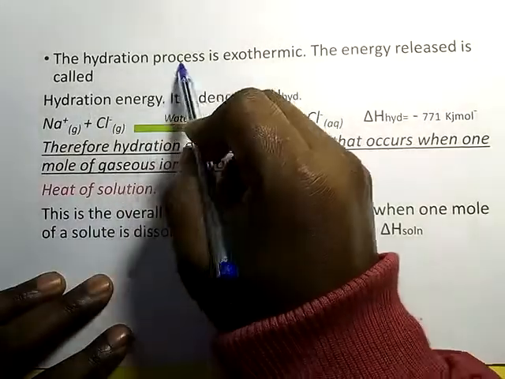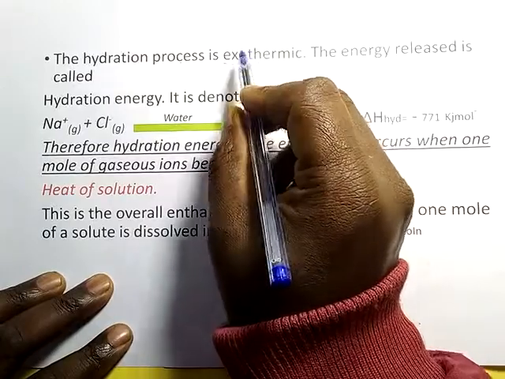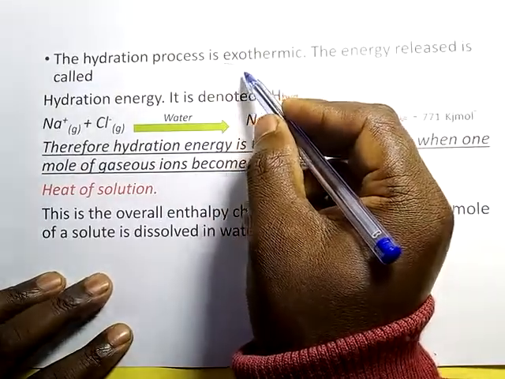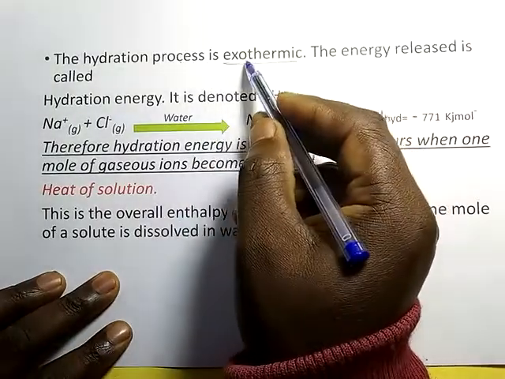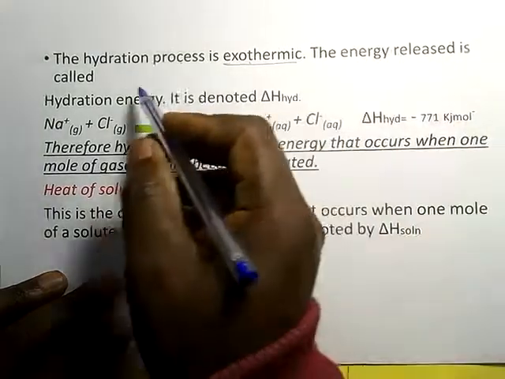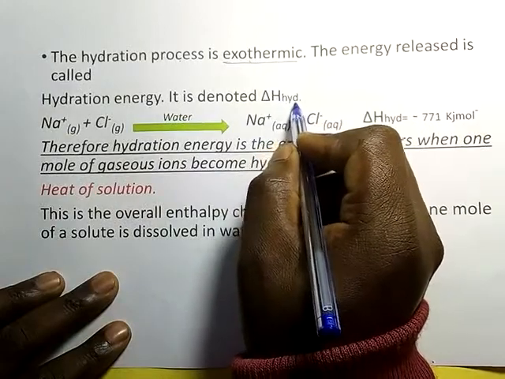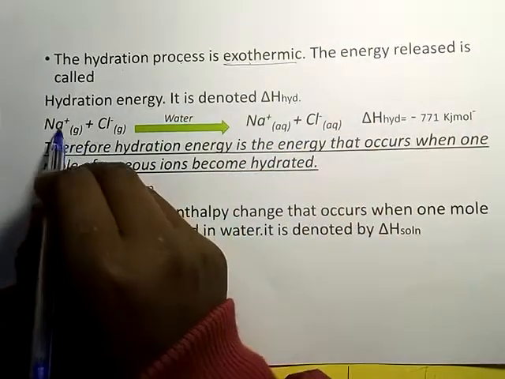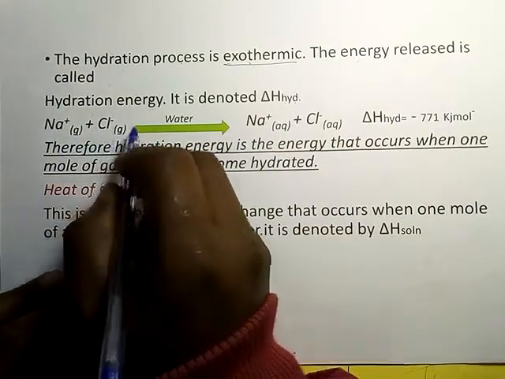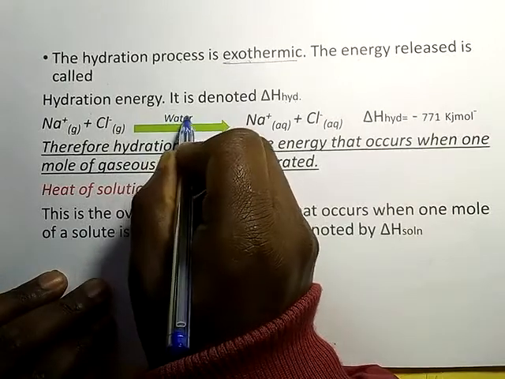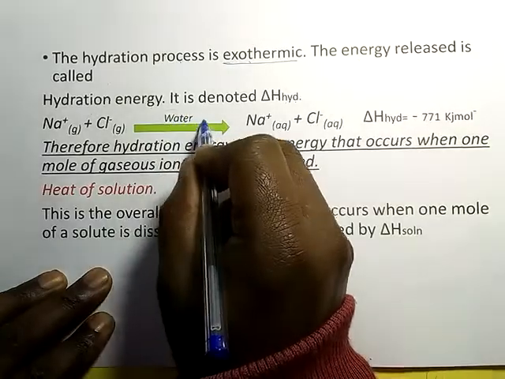The hydration process is exothermic. When the gaseous ions of sodium and chloride are immersed in water and are attracted to the molecules of water, the reaction is exothermic. The energy released is called hydration energy, and it is denoted by delta H hyd. So the gaseous sodium and chloride ions become immersed in water, surrounded by several water molecules, and hydrated.